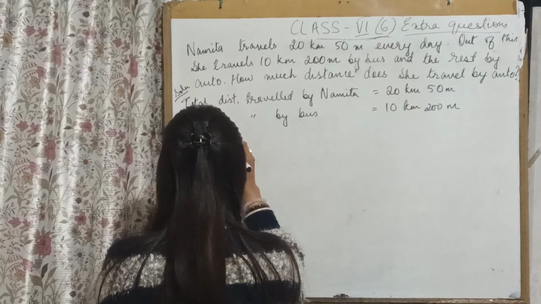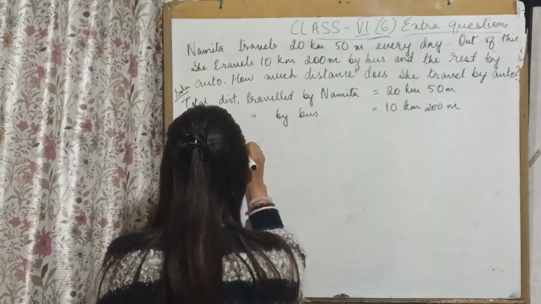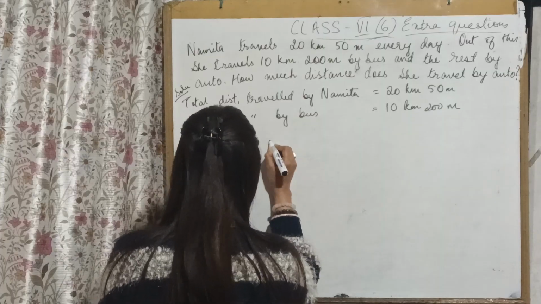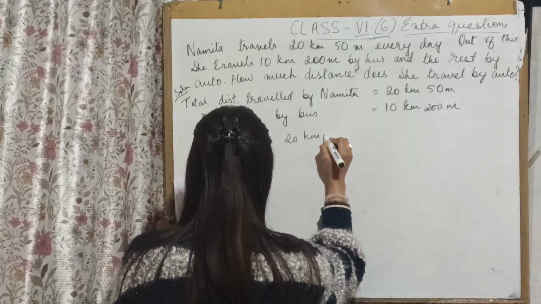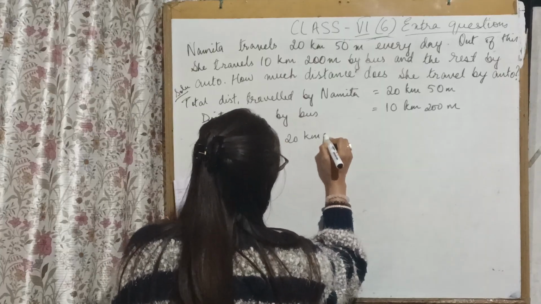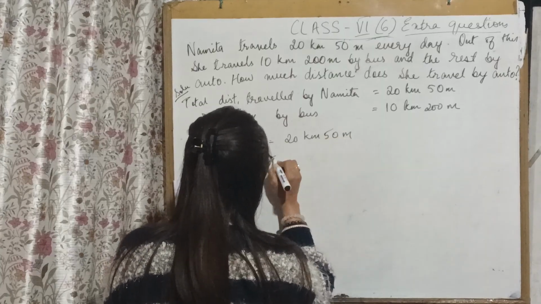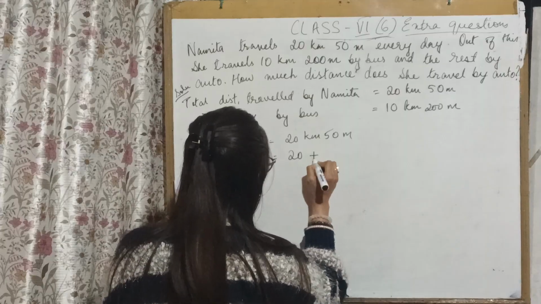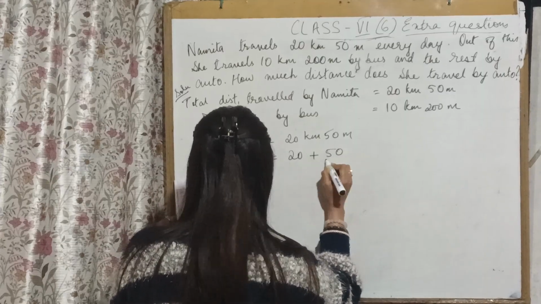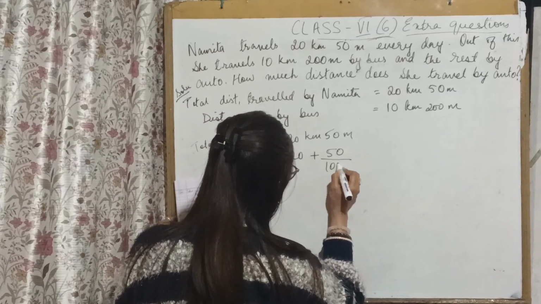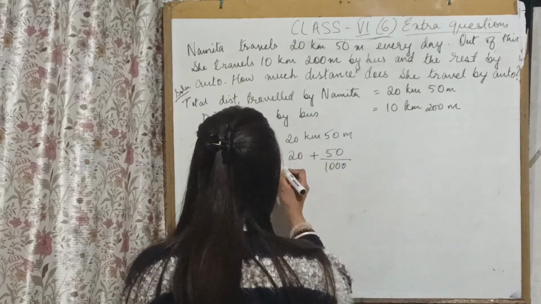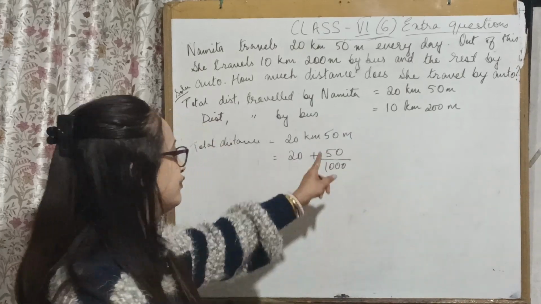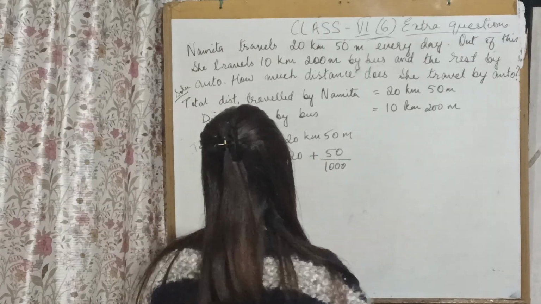We are changing the unit. Total distance was 20 kilometer 50 meter. So changing this, it becomes 50 divided by 1000. 1000 meter makes 1 kilometer. So now this portion 50 meter got changed to kilometer.